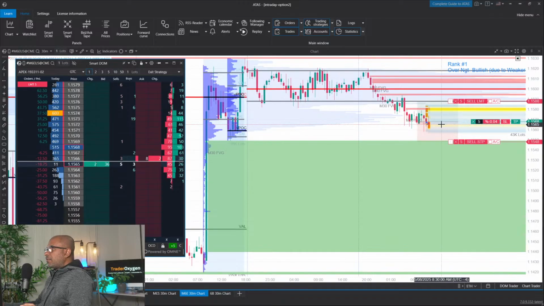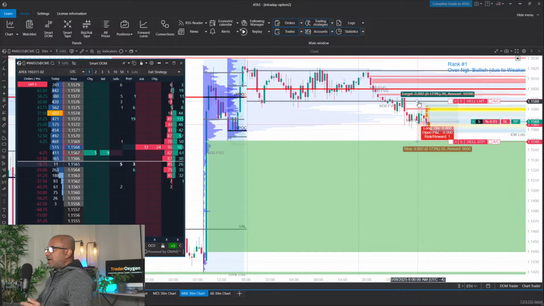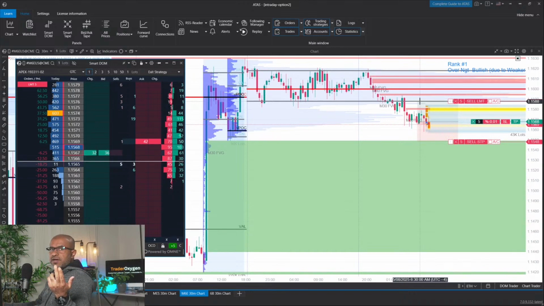So then again, coming back to what we were talking about in terms of trade risk management and active trade management. So these 5 contracts, if they reach the one-to-one first take profit level, let's say you can take 2 of them out. I'm giving an example.